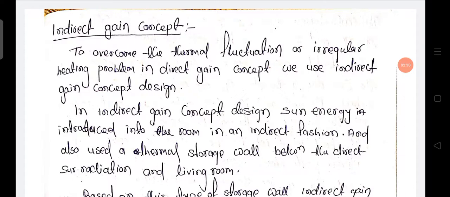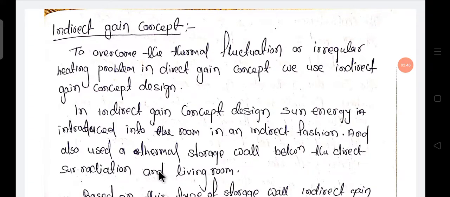In the indirect gain concept, we use thermal storage. We use a thermal storage wall between the direct sun radiation and the living room.